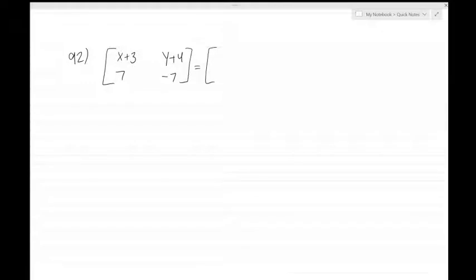Number 92, we're given the following matrix. And we're asked to find the values for the variables so that the matrices are equal.